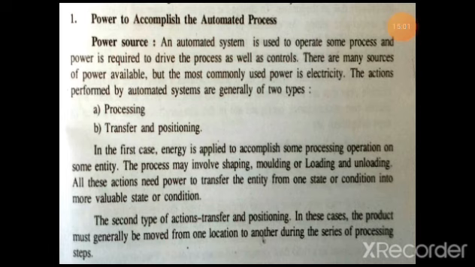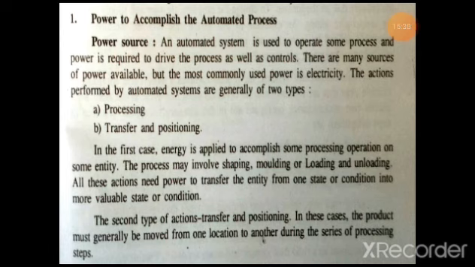The second type of action is transfer and positioning. In these cases, the product must generally be moved from one location to another during the series of processing steps. If we have installed various automatic machines in a particular type of layout, there should be a perfect flow of the job or workpiece from one workstation to another automatically.